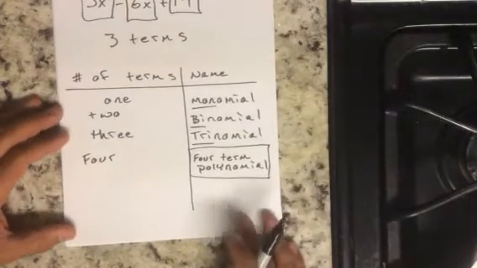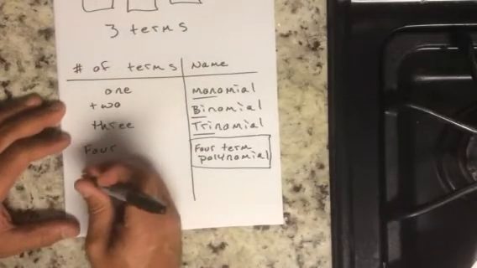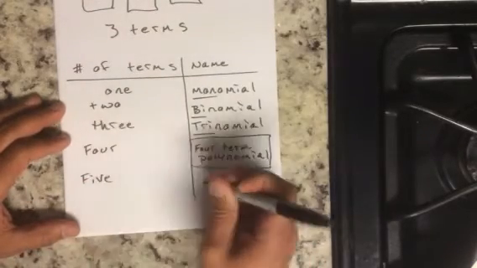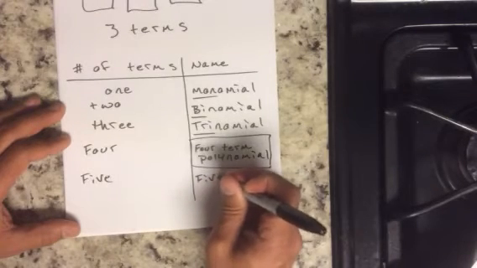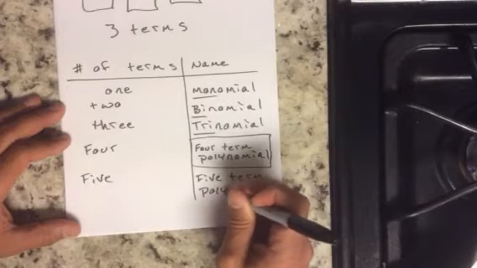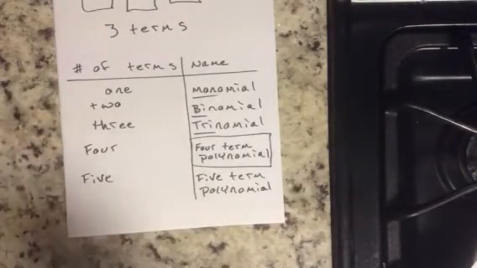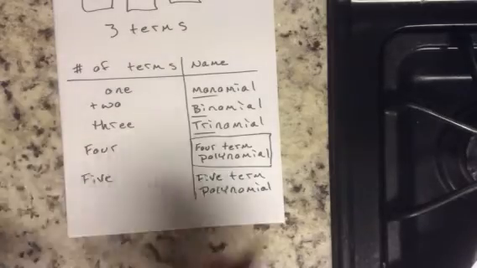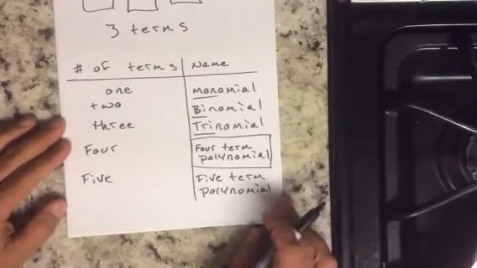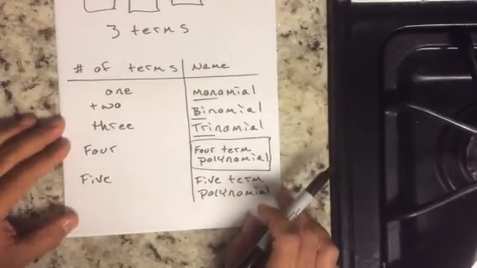The main thing that people forget is they forget to write the word polynomial, and you have to put that. So 5 terms is a 5 term polynomial. 6 would be 6 term polynomial, 7, etc., etc. So this continues forever.